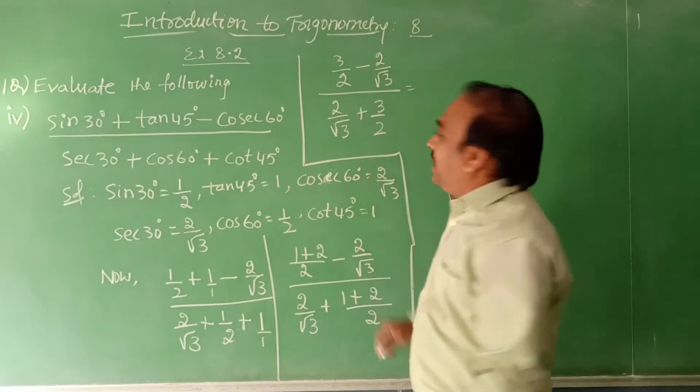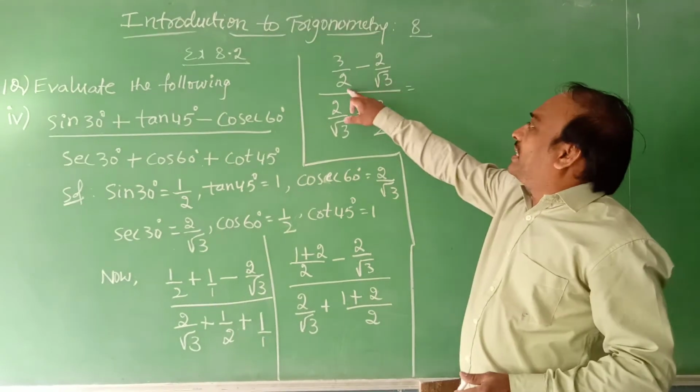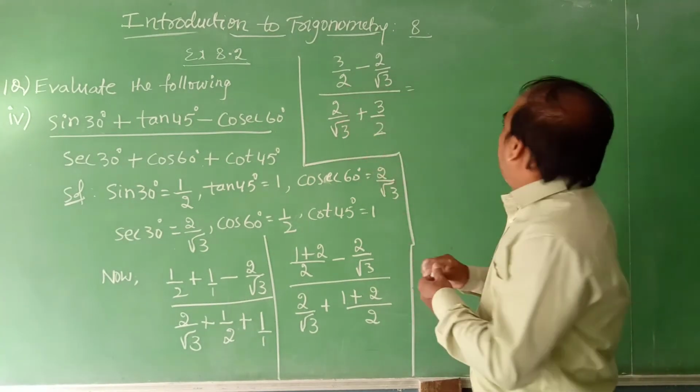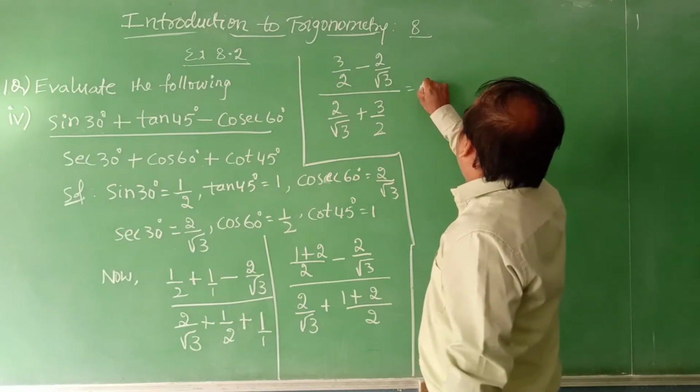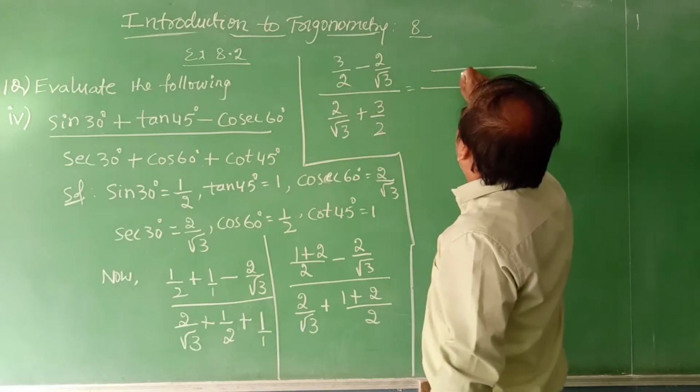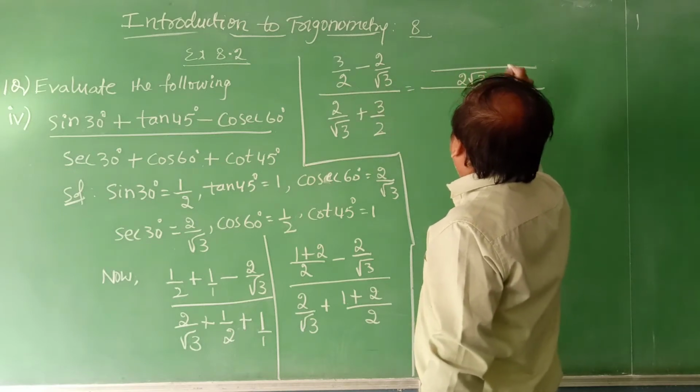Now similarly we find the LCM for these two in the numerator part and in the denominator part. The LCM of these two is 2 root 3.